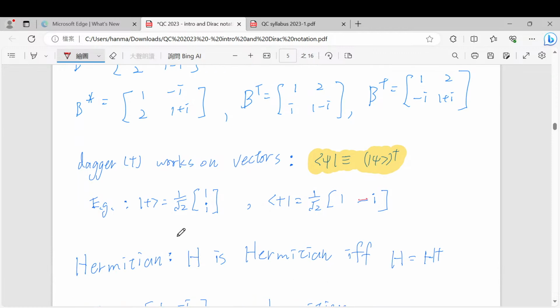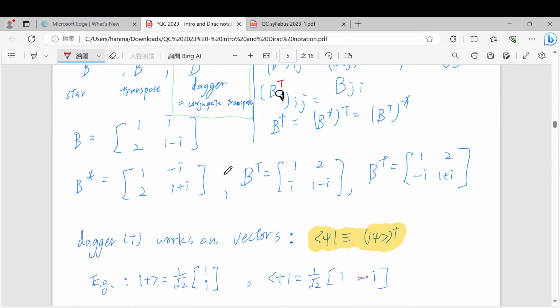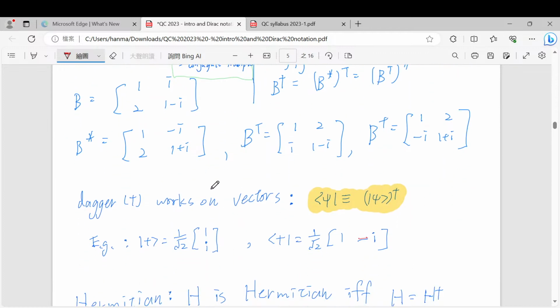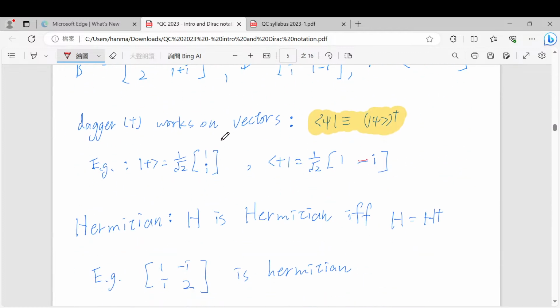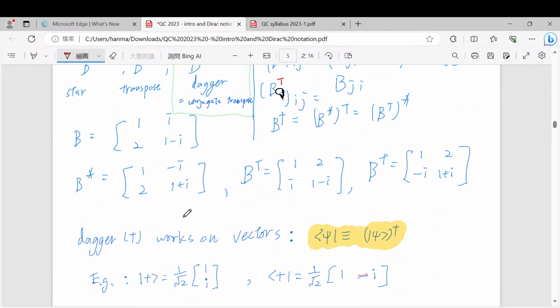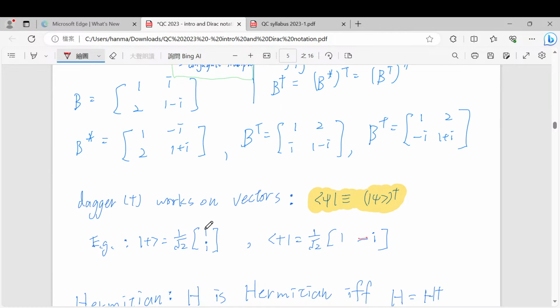So let's see an example here, and it's more interesting when you have complex values. So this is some vector that we'll learn in more detail later. This plus vector is defined as 1 over square root 2 times 1 and i. And as we said, we do complex conjugation and transpose. So we do this dagger operation on it, and you flip this column vector to become a row vector, and we also need to do complex conjugation.